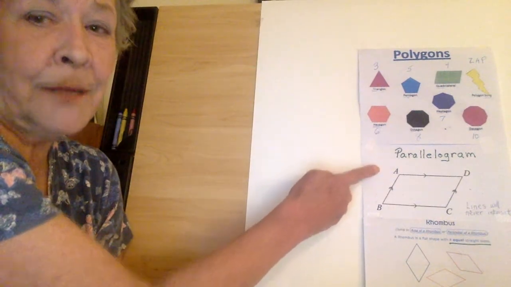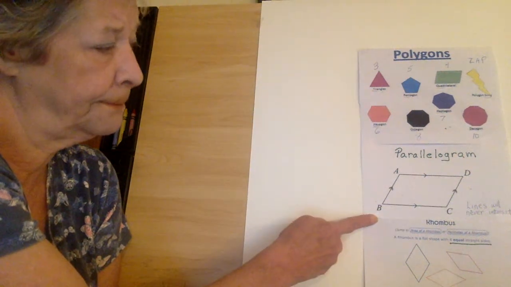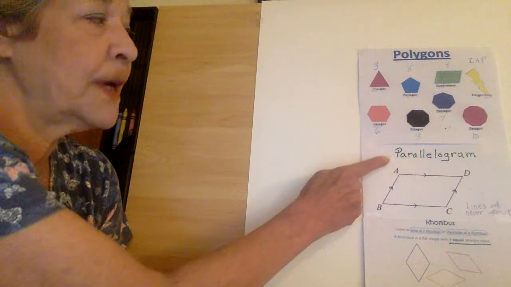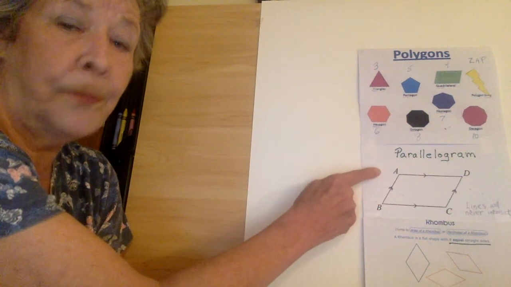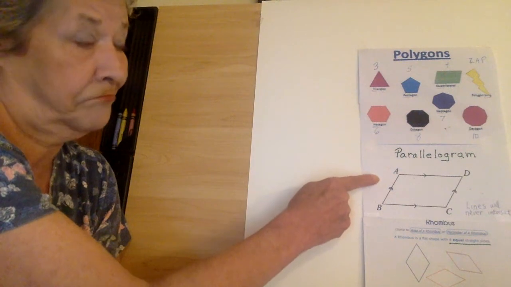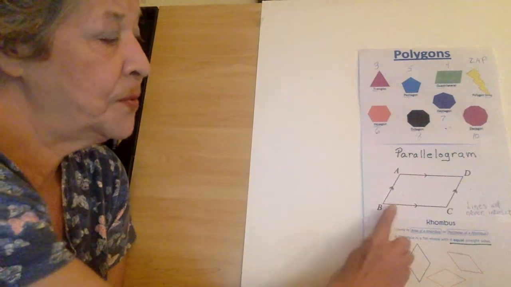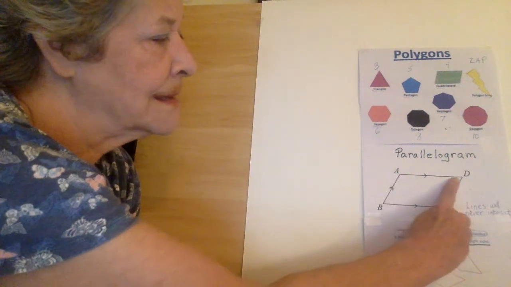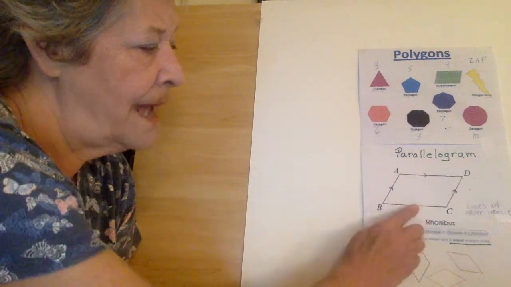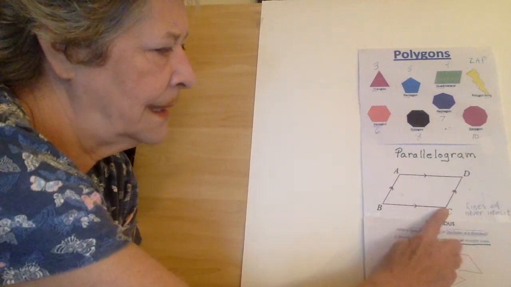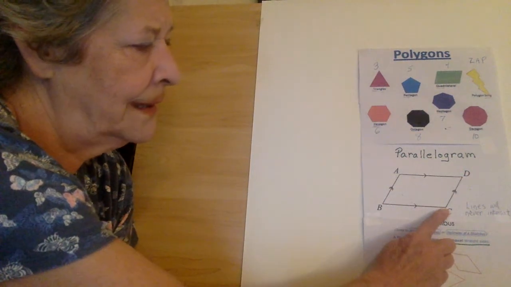We also need to talk about a parallelogram. Now, we have to think about this word a little bit. Parallel. What does parallel mean? Two lines that are the same length and the equal distance apart, like that. Okay.